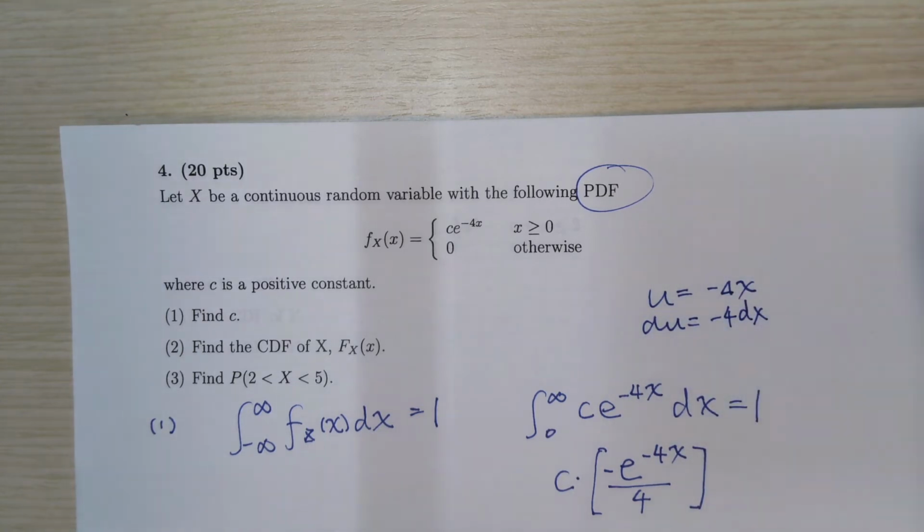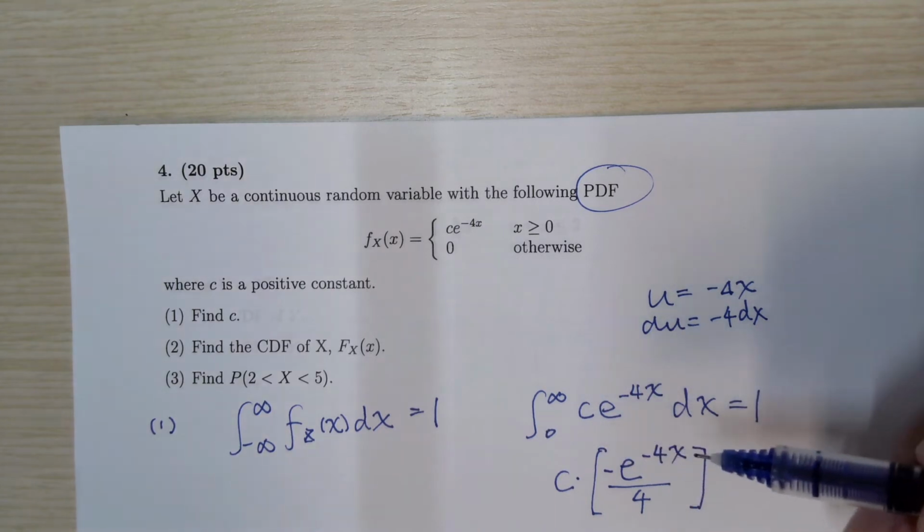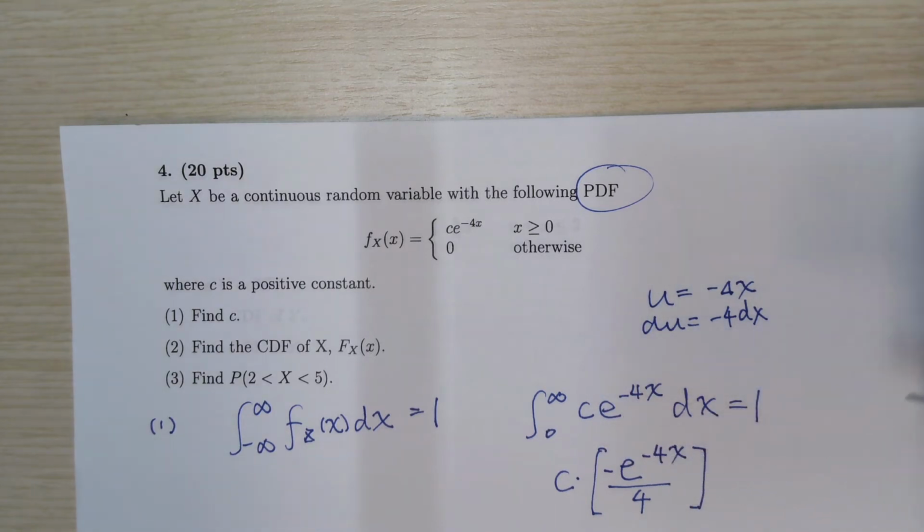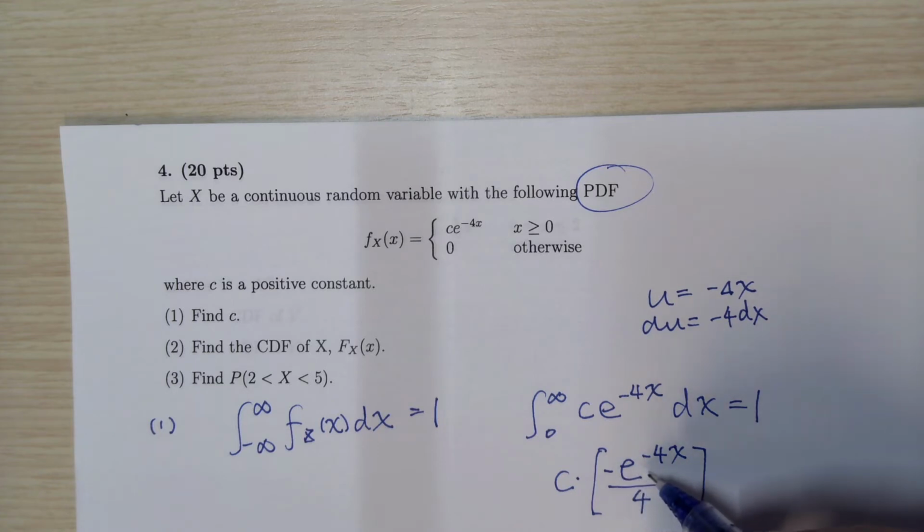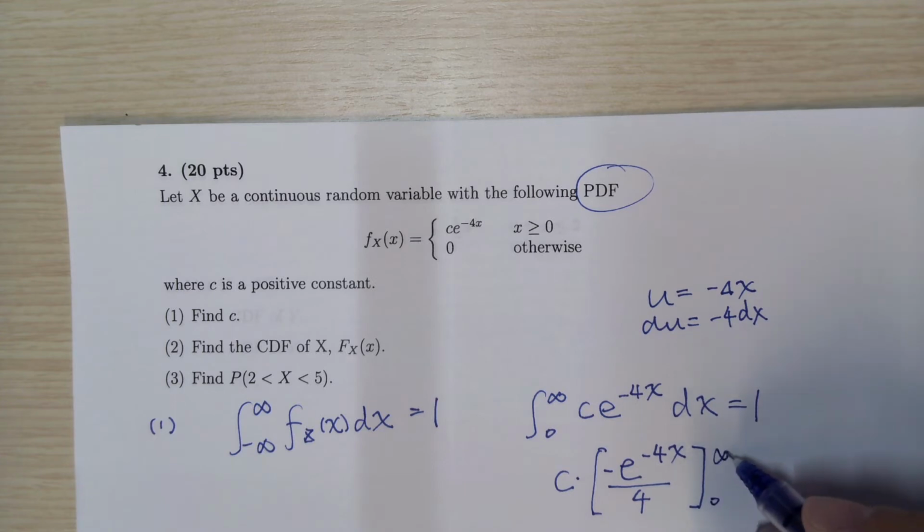The limits go from negative infinity to 0, but anyway, you can do that part. So it turns out this is negative e to the power of negative 4x over 4 from 0 to infinity, and that equals 1.